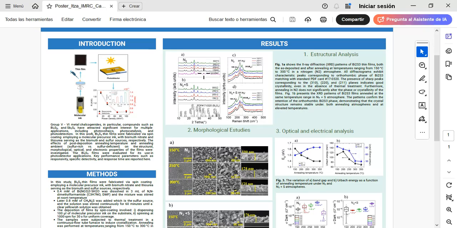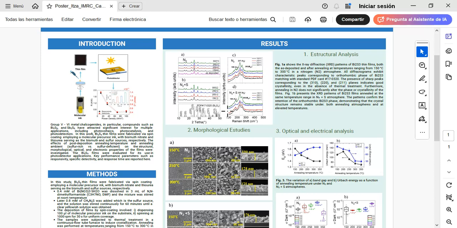All the patterns exhibit characteristic peaks corresponding to the orthorhombic phase of bismuth sulfide, corresponding to the planes 310, 220, and 211, which indicates good crystallinity even in the absence of thermal treatment.